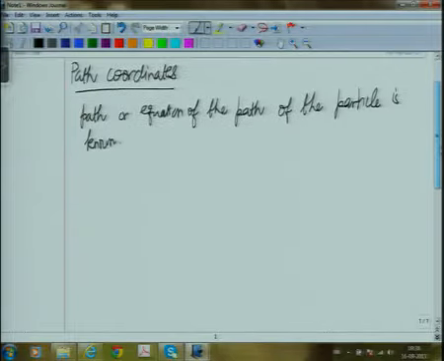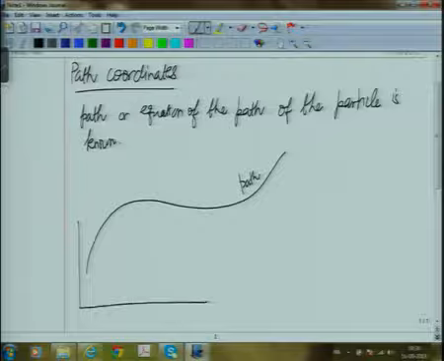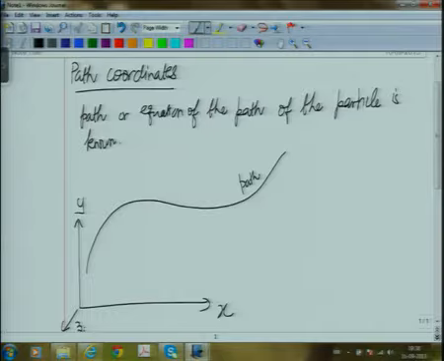That means if a particle is travelling along some path, then this path and its equations with respect to some coordinates x, y, z, these equations of the path are known.